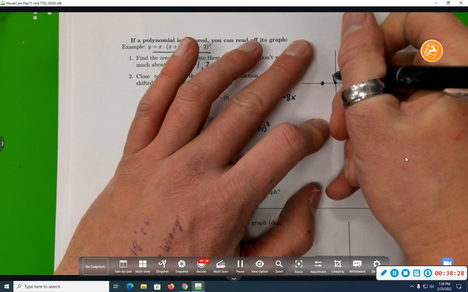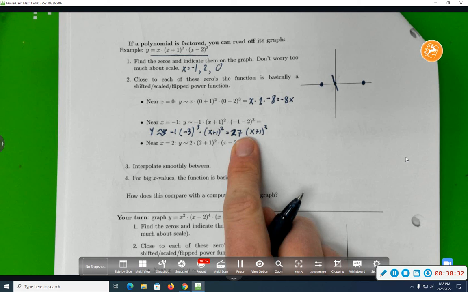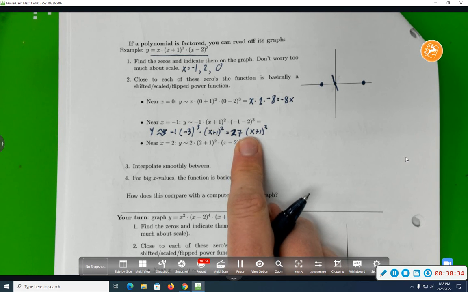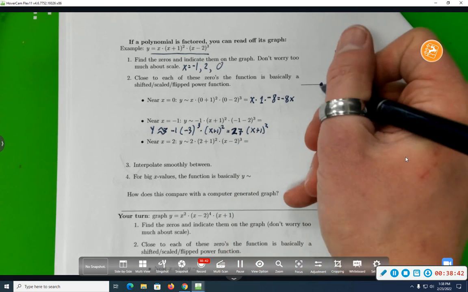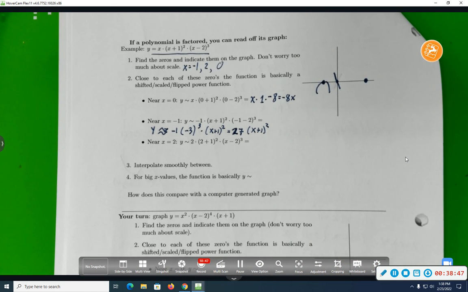So it has negative slope there. Here, this is going to look like a parabola. Upward opening or downward opening? Upward, because 27 is positive. So if I were to draw this, would you stop me? Yes? Yes. Good.